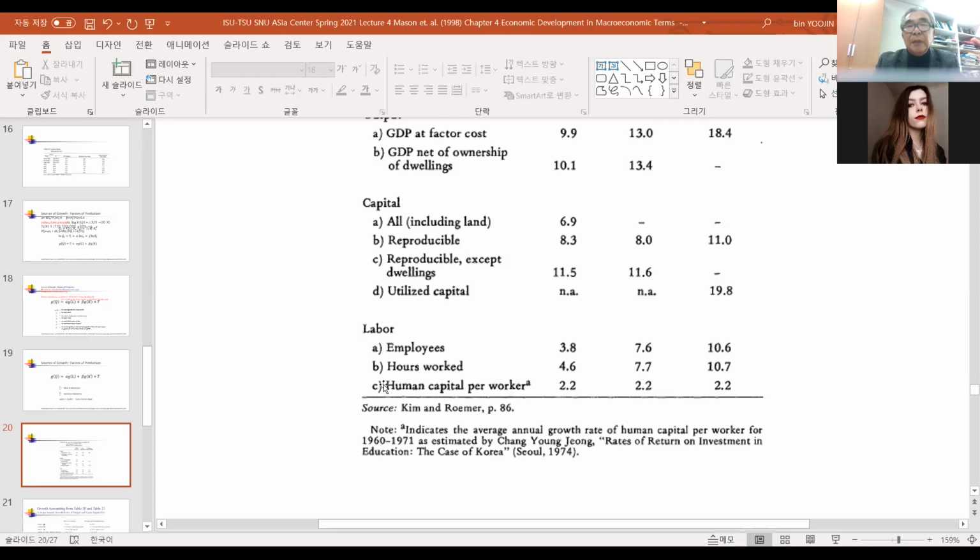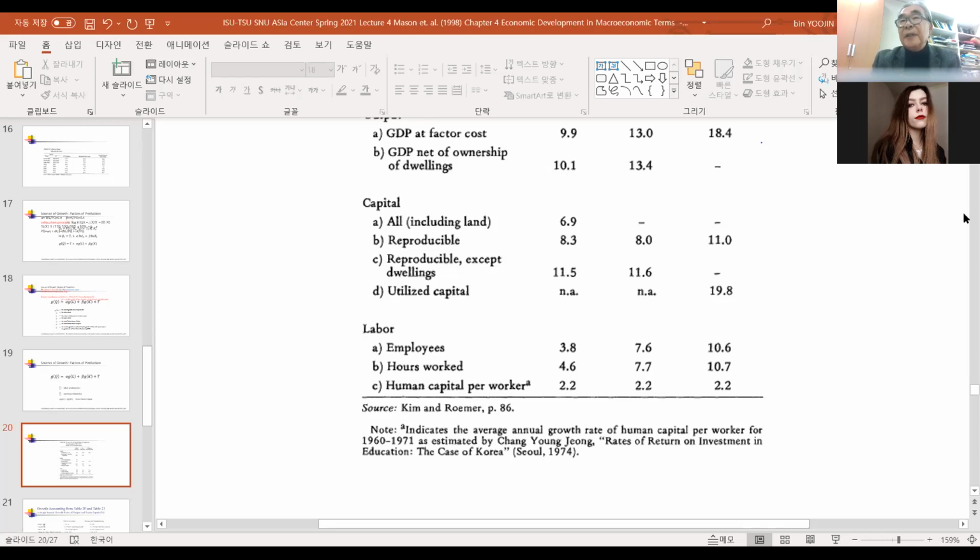We can make a sort of composite cohort of the workers and combine these together to make a human capital index. So for the time being, forget about C, forget about B, for example. Let's concentrate on the number of headcounts, employees, in labor input, to make it simple.